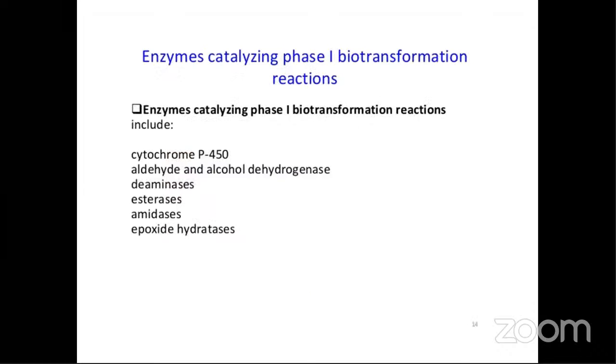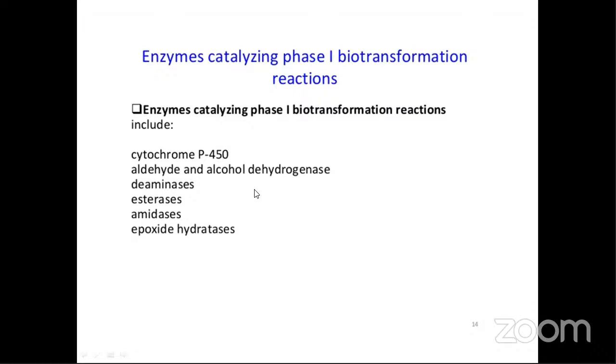What are the different enzymes involved in phase 1 biotransformation reactions? This may be cytochrome P450, the most commonly used enzyme. You can get the question: which of the following are the most commonly used enzymes in the metabolic process? You may get CYP450 or cytochrome P450.